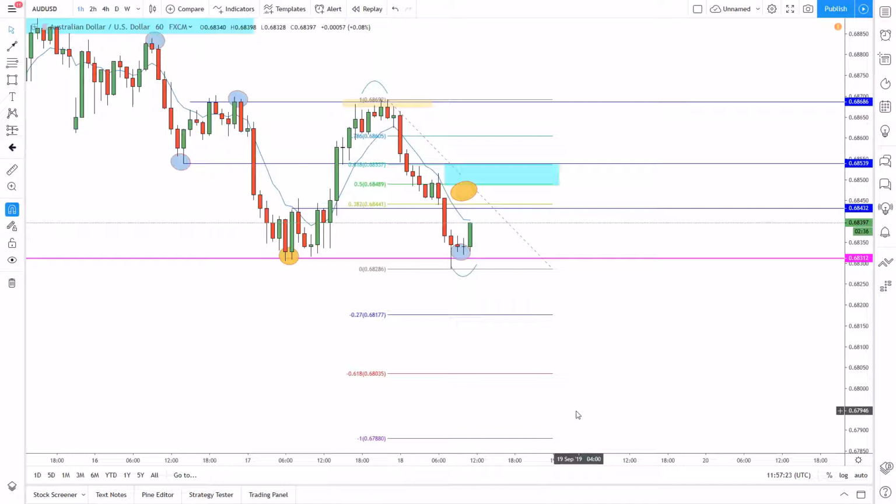The best advice that I always give, assuming you use the right lot size and proper risk management, is this: after you take a trade, you place your stops, you place your take profit, and let your trade breathe. That's the best advice I can give anyone who is having problems after taking a trade, or who feels that trading is hard.